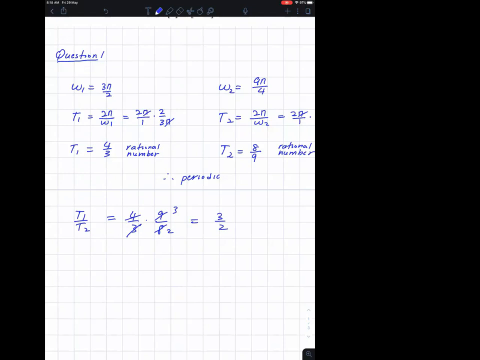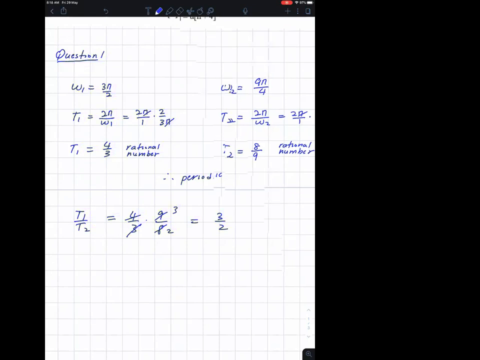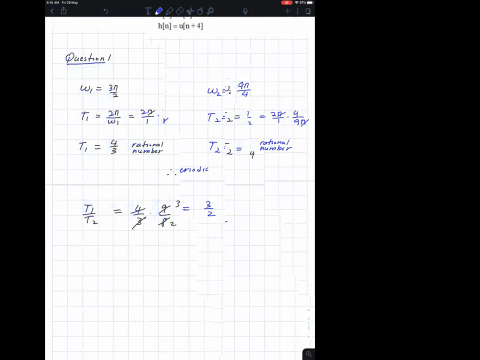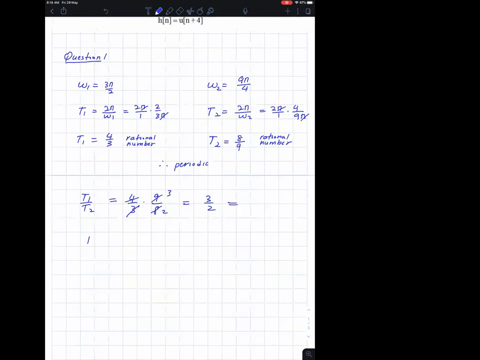Am I doing this right? Yes, sir. Okay, so if you cross multiply this, you're going to get 2T1 equals 3T2.